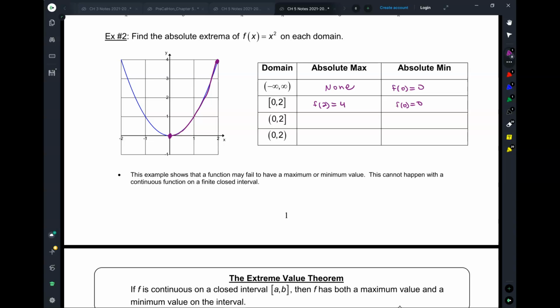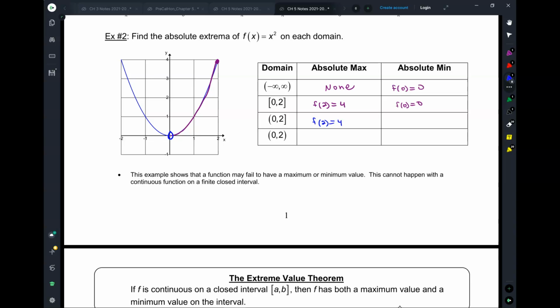Right, so next, it's f of 0 open circle to 2. So the absolute maximum is still f of 2 is equal to 4. But now here, because it doesn't include that point, there is no absolute minimum, because it never hits a point that's the lowest.